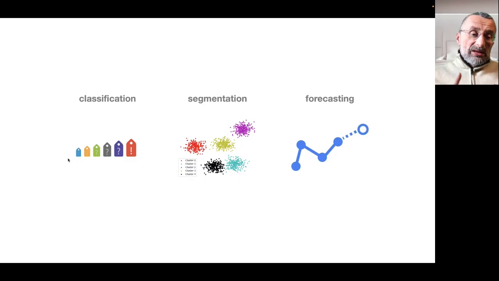But the key takeaway for you is that whenever you have a categorical variable, that's going to be a classification problem with a completely different set of algorithms and quality measures. And whenever you predict a numerical variable, that's a regression. Once again, completely different algorithms, completely different measures, okay?